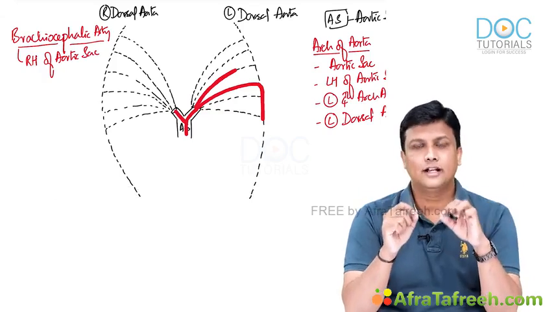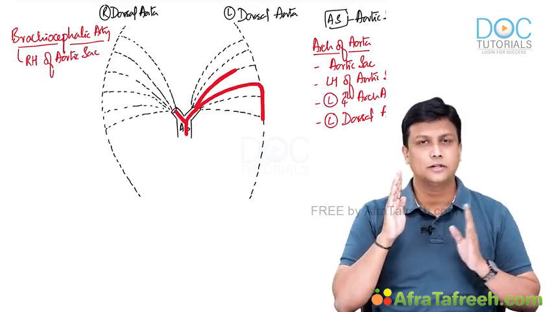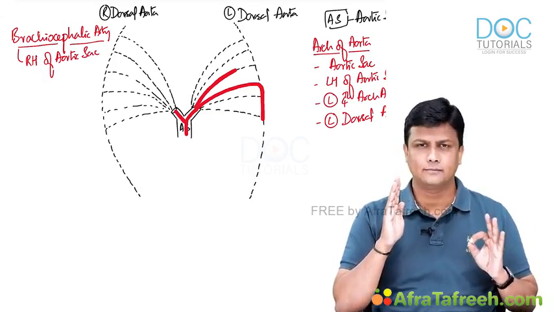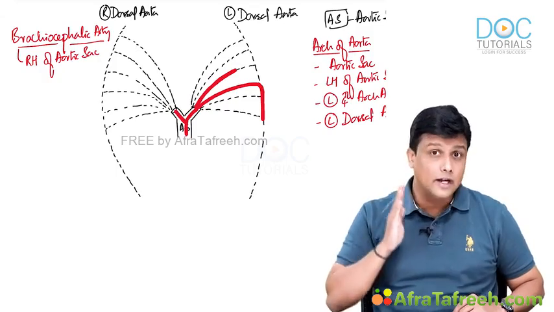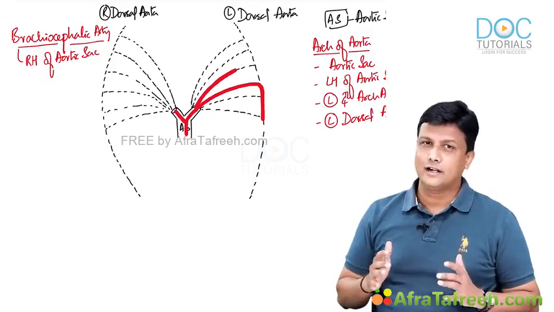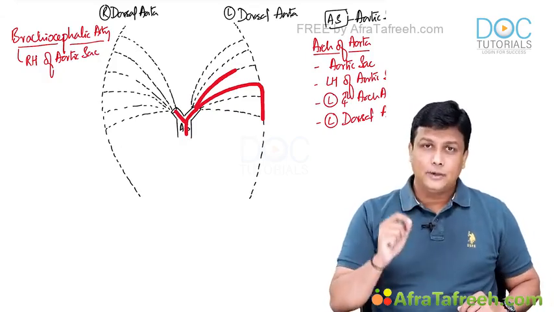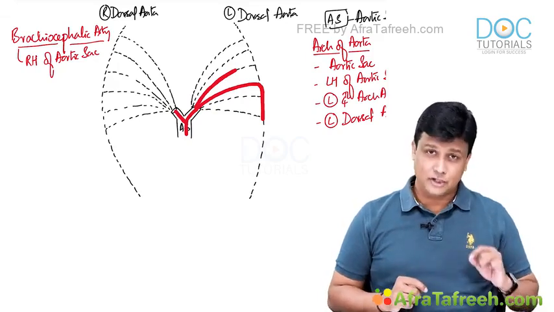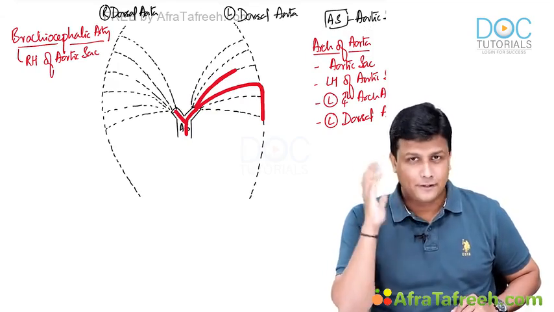The right way of learning that is common carotid artery will go up and then it is going to give rise to external carotid artery, a branch, and then the common carotid artery will continue as internal carotid artery. So don't learn from today onwards that common carotid artery is dividing into internal and external. No. Common carotid artery will give a branch that is external carotid artery, and that itself will continue as the internal carotid artery.